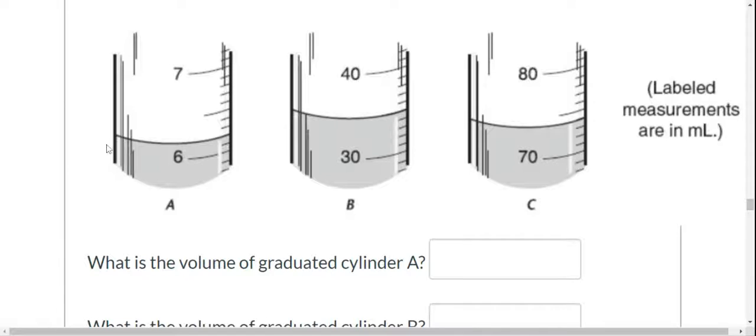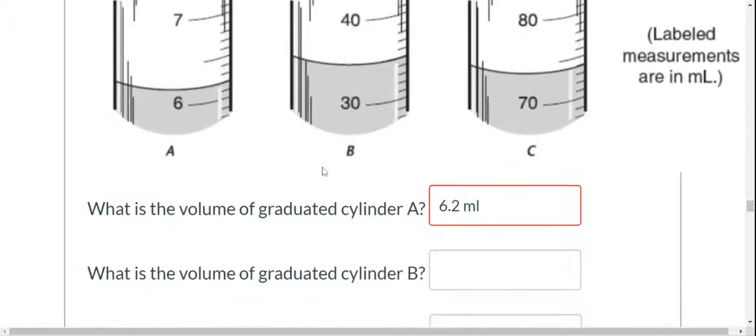Then we measure the bottom of the meniscus, which drops to about 6.2 milliliters. Now, if you put 6.3, that would be in our margin of error. I would have taken that as well.